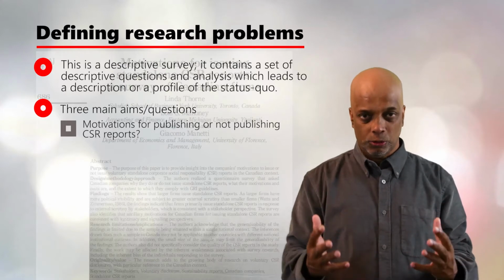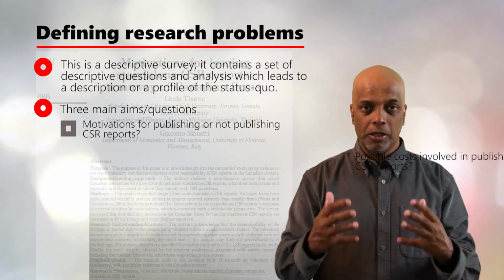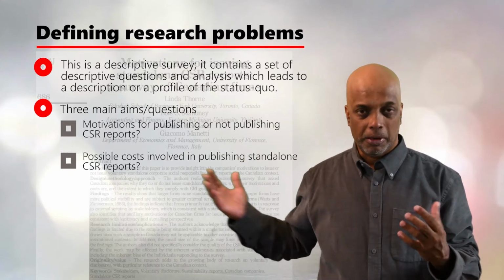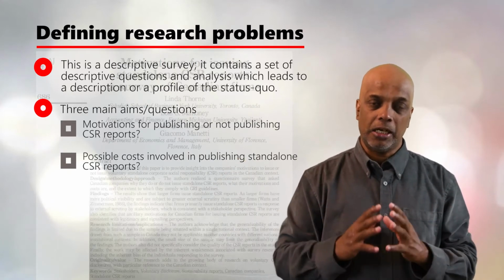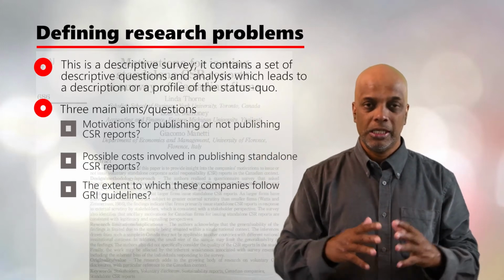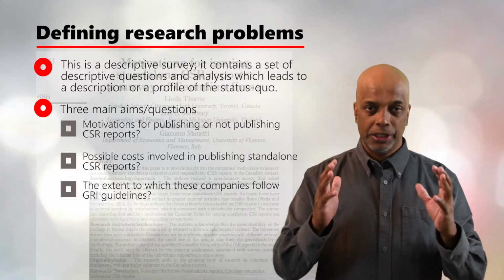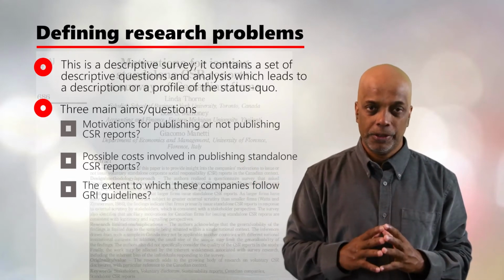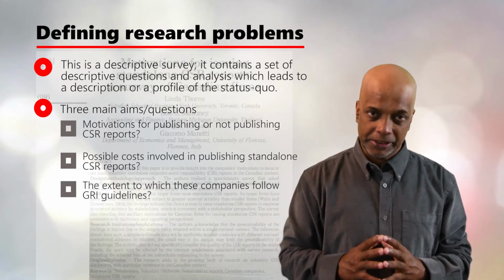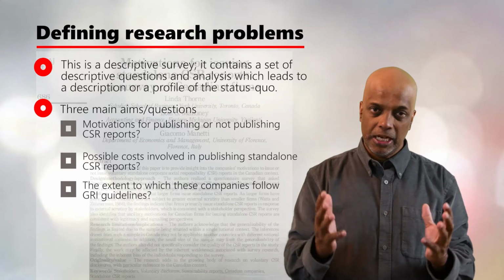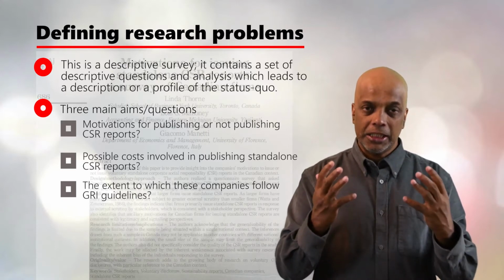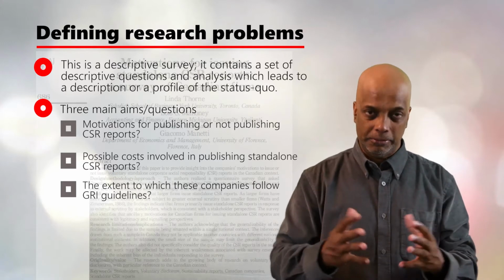And they also want to know what are the possible costs involved in publishing standalone CSR reports. And thirdly, they also want to know the extent to which these companies follow the Global Reporting Initiative or the GRI guidelines. And you will easily understand all these questions or aims are descriptive questions or descriptive aims.